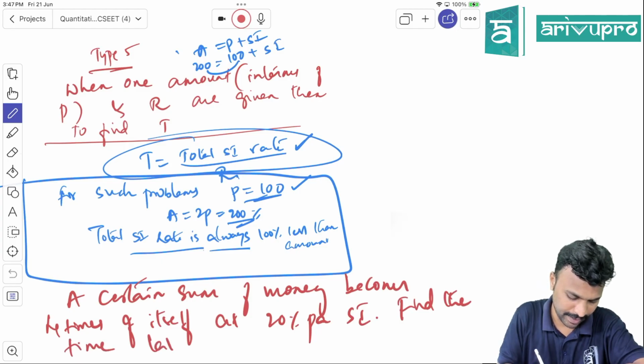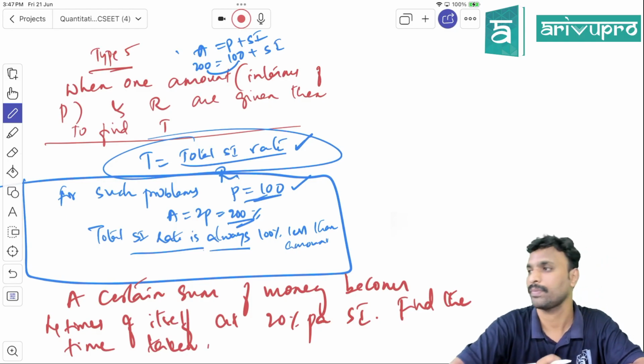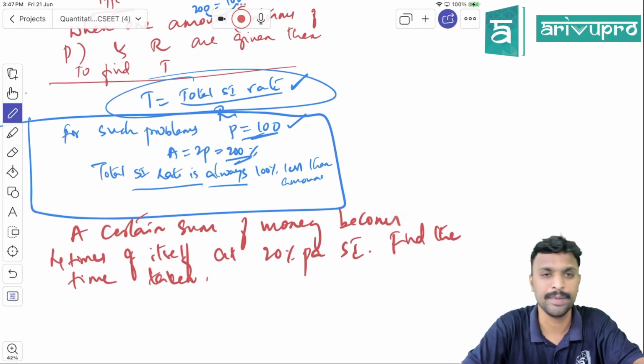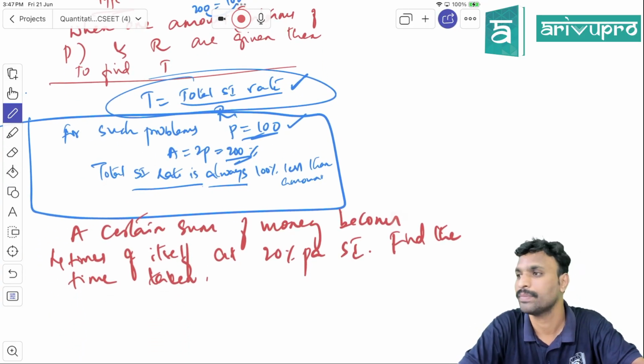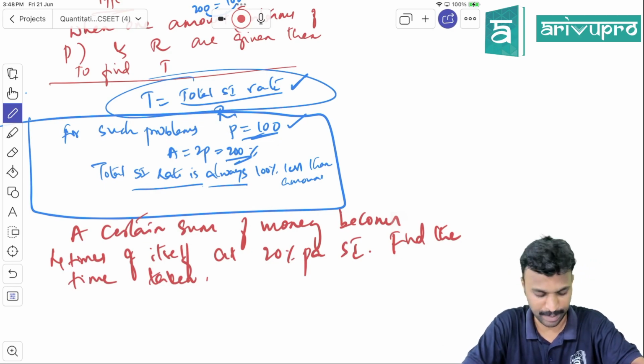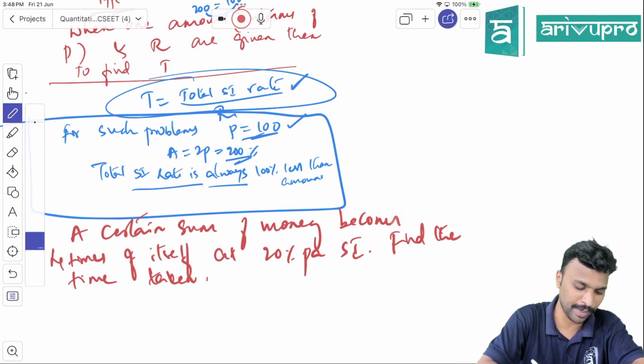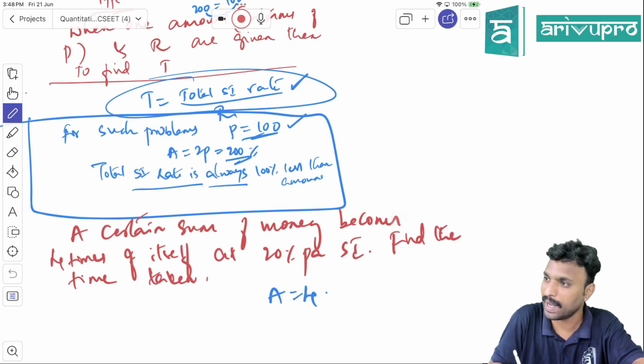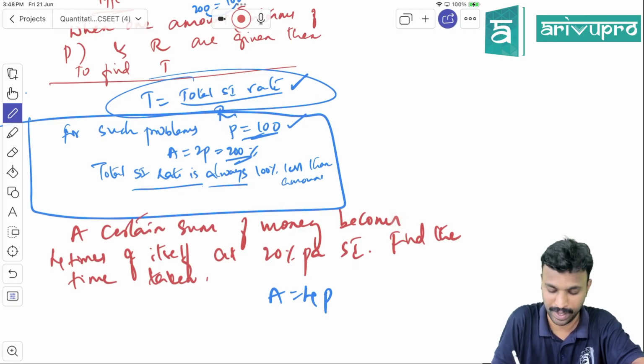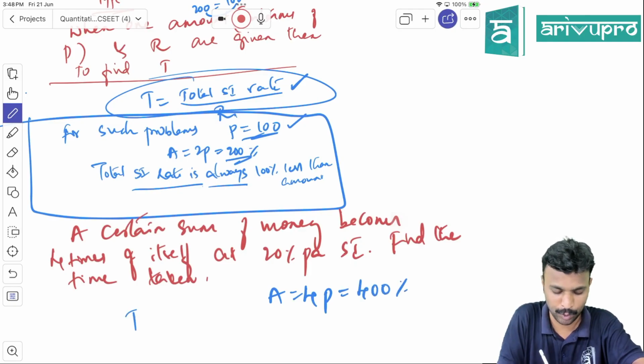How many amounts are there in terms of principal here in the question? Only one amount. What is it? 4 times of itself. So A is equal to how much? 4P. Correct? 4 times principal means A is equal to 4P. P is taken as how much? 100, right? 400%. Now, what is the total SI rate?